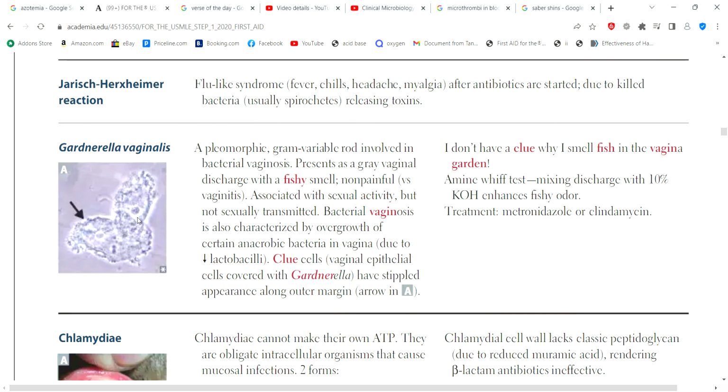Okay, so here we're going to go through this. Pleomorphic. What does it mean to be pleomorphic?